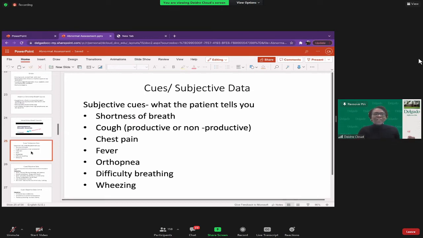Say, I think I hear crackles, but I'm not sure. Ask your instructor, ask another student, ask the nurse. Even when you're a nurse, I still ask people because I buy cheap stethoscopes and I don't know. I'll borrow another stethoscope, or ask someone else to come listen with me just to confirm or verify.